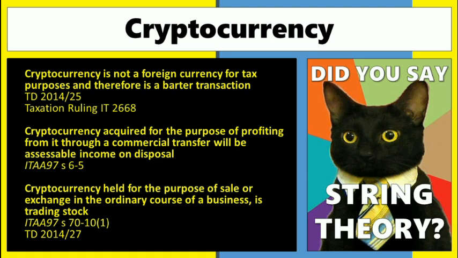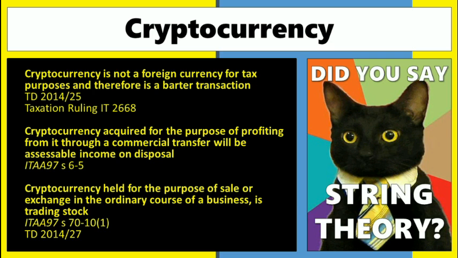And so the key part here is that it operates as if these things were assets themselves. And so, for example, capital gains tax will apply in situations where a person purchases with a view to gaining from the acquisition of cryptocurrency.